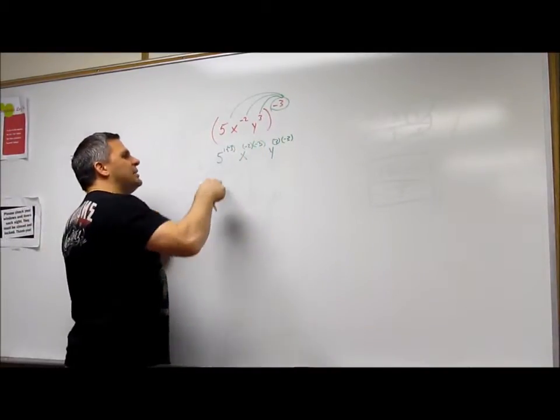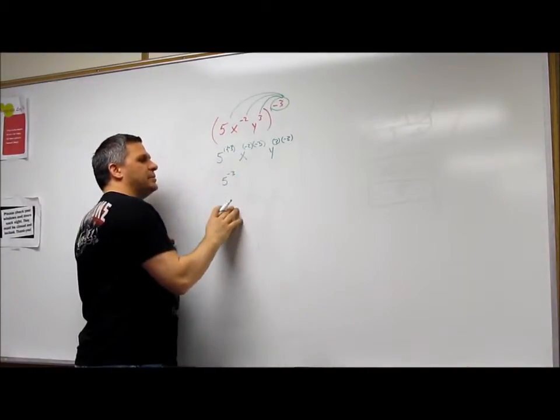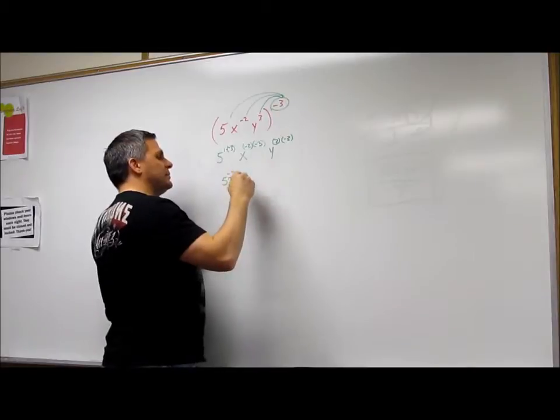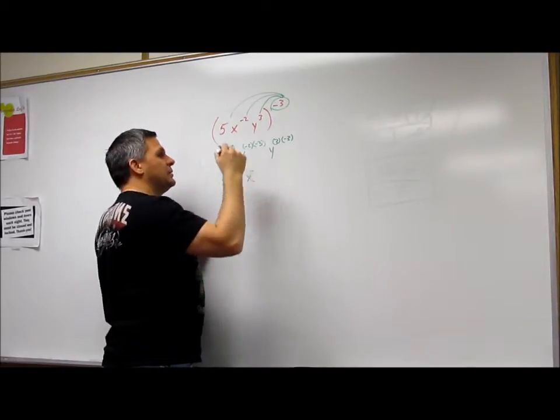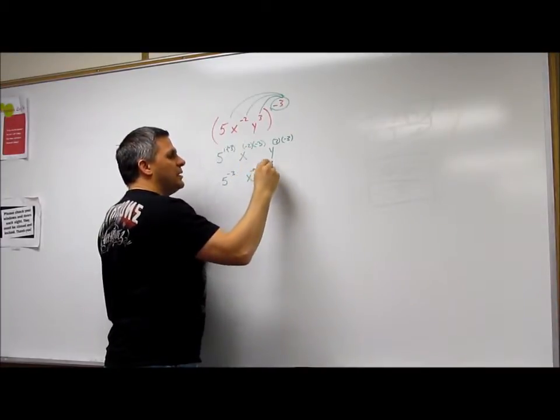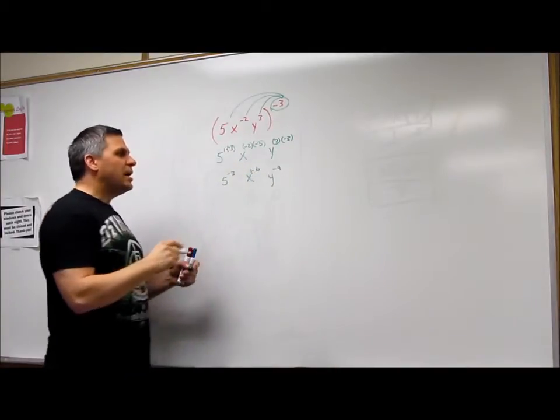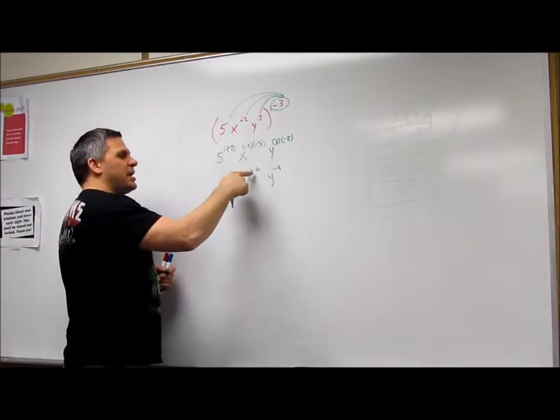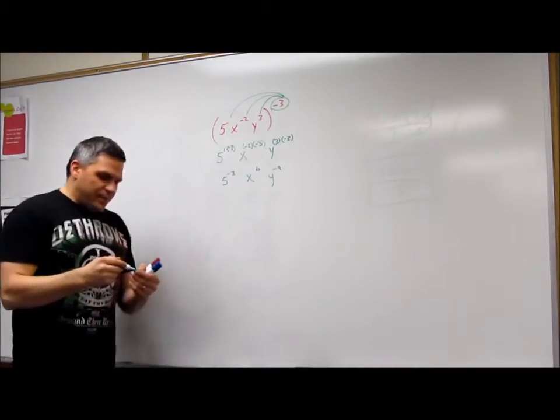So now what I have here is 5 to the negative 3, x to the 6, and y to the negative 9, or actually positive 6, sorry about that. X to the positive, 2 negatives make a positive, and then y is to the negative 9.